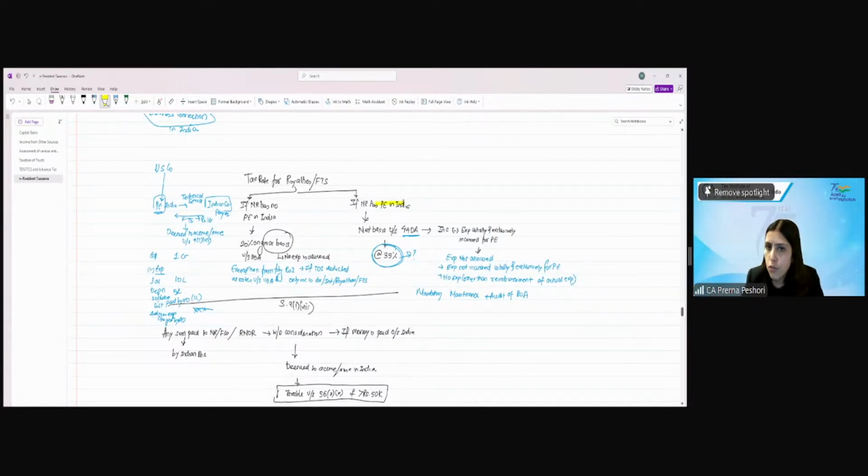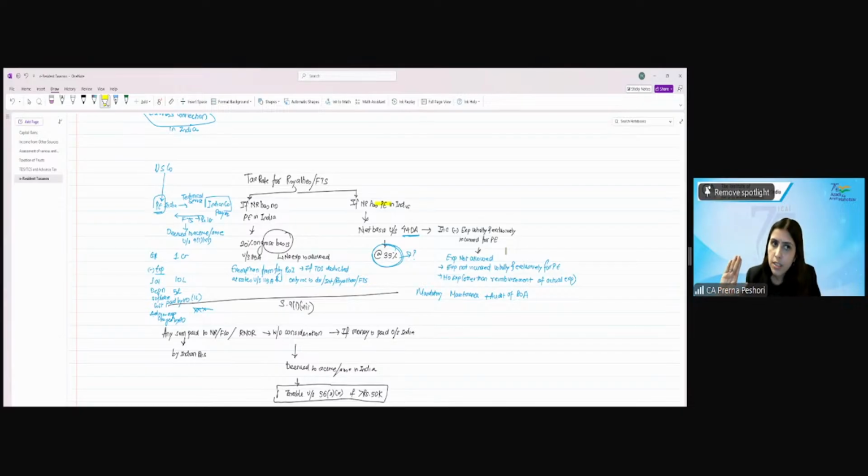If you have a branch or office in India, you will get the deduction of expenditure in respect of that PE. What expenditure you will get is expenditure which you have incurred wholly and exclusively for that PE. Any expenditure not incurred wholly and exclusively for the PE, any expenditure for the head office, will not be allowed as a deduction.